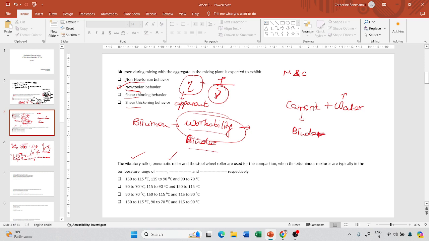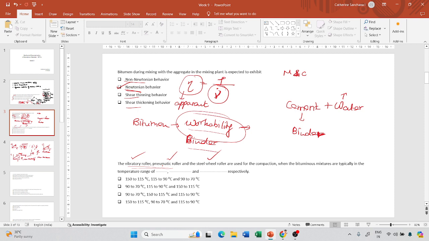And the third one is a steel wheel roller, which will provide a good finish to the compacted surface, because when you do these two, your surface is not going to have a good finish, and obviously for riding you need a proper finish, right? So that will be taken care of by the steel wheel roller.